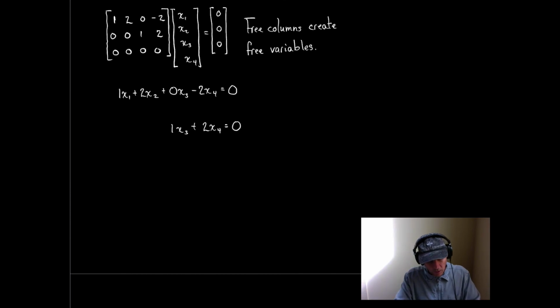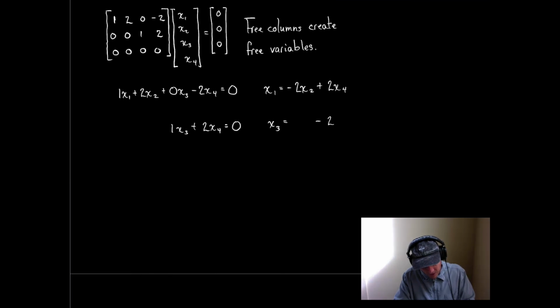How so? Well, notice this. Let's solve this first equation for x1. If I do that, I have x1 equals minus 2x2 plus 2x4. And let's solve this second equation for x3 as minus 2x4.